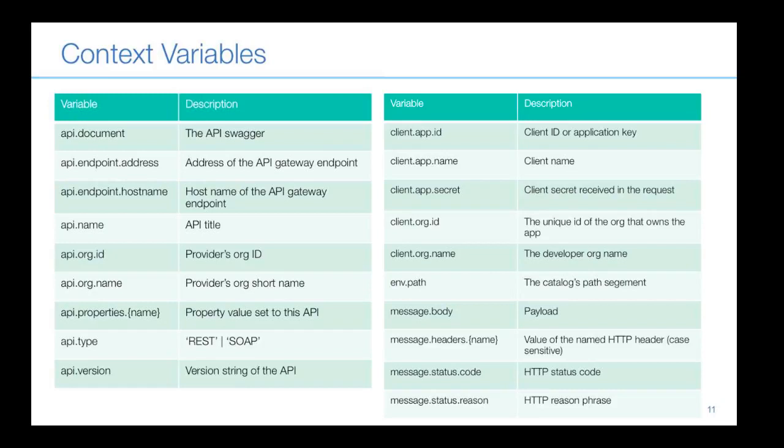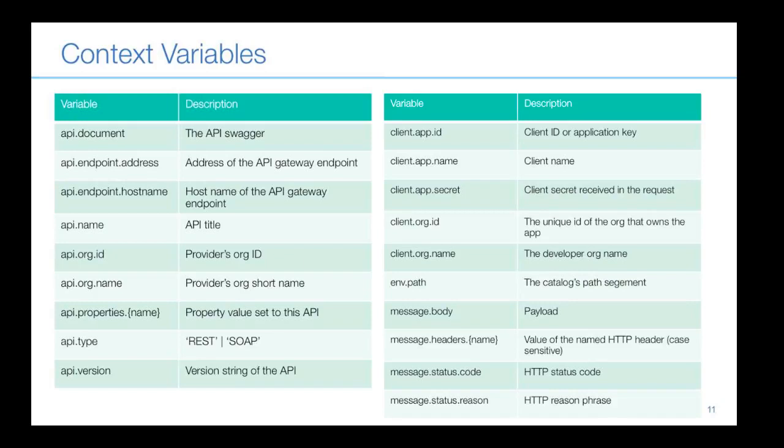During the policy processing, each and every policy may or may not update the content within the message.body context variable. At the end, our post-flow middleware is going to flush the content within message.body, message.header, message.status code and reason back to the client. So that's something new in version 5.